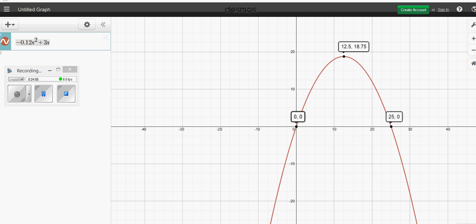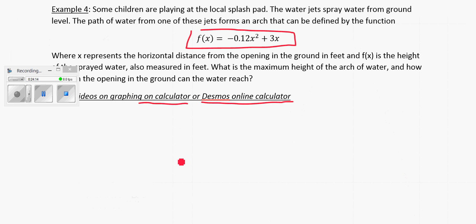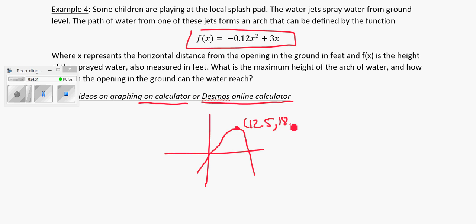Okay, so I'm going to draw a rough sketch of this on our notes right here, and then we can look at answering these questions. So those points were: passes through (0, 0), goes up to its maximum, which was at (12.5, 18.75), and crosses the x-axis again at 25.